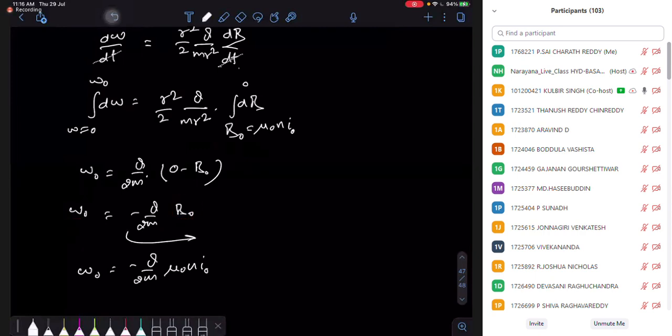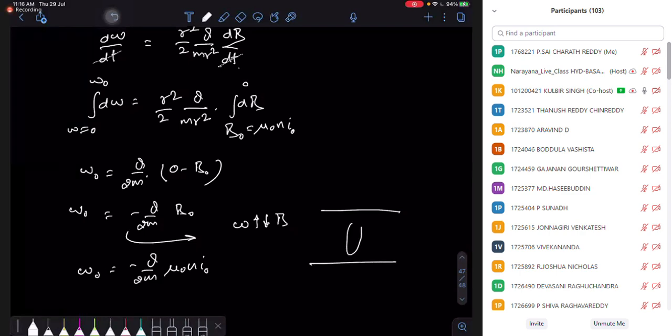That is the only meaning of the negative sign. Omega and B are opposite, meaning the direction of my B due to the current is along this axis, so omega is going to have the opposite direction.